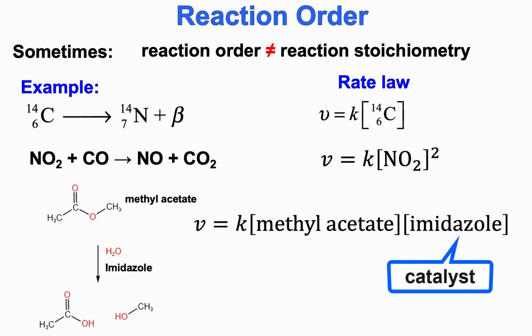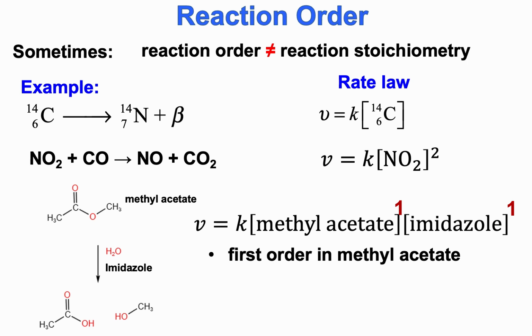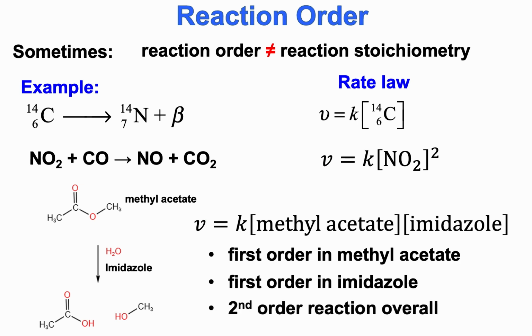It just makes it go faster. We can say that this reaction is first order in methyl acetate and first order in imidazole, even though imidazole is not in the balanced chemical equation. Overall, we would call this a second-order reaction. We can determine the overall reaction order by taking the sum of the reaction orders for each of the reagents.